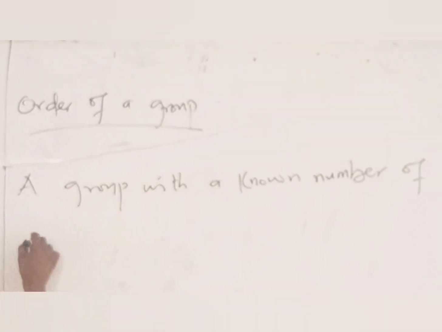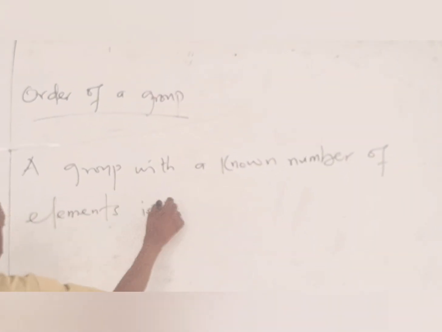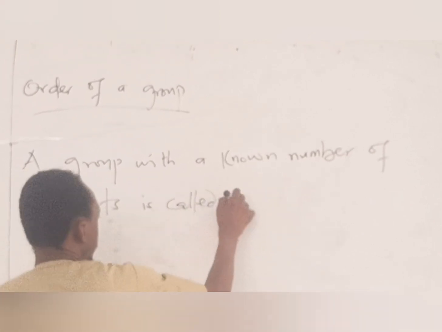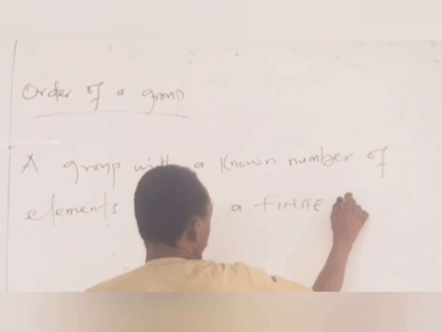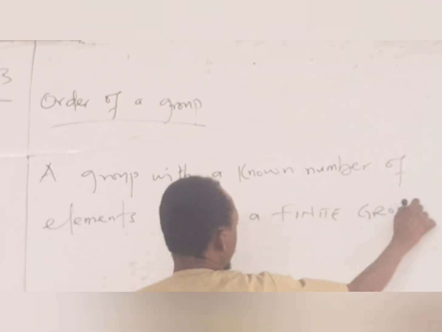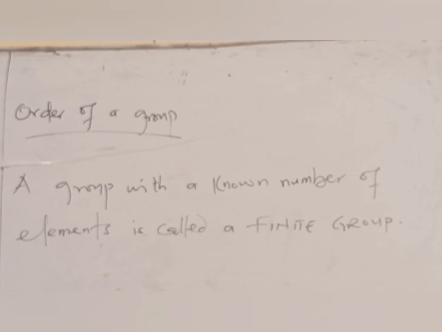A group with a finite number of elements is called a finite group.